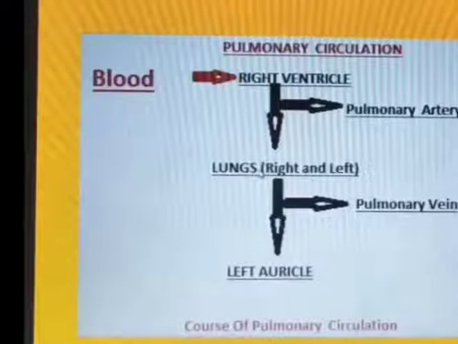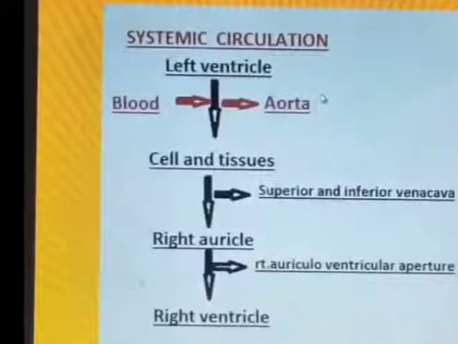And in the lungs, after aeration, the blood returns to the left auricle through the pulmonary vein. This constitutes pulmonary circulation or pulmonary circuit. Another is systemic circulation or systemic circuit.